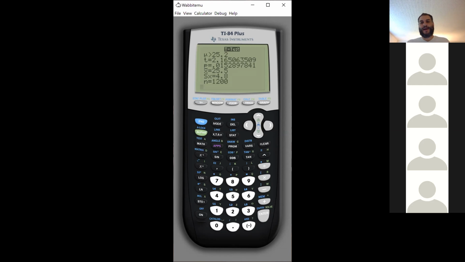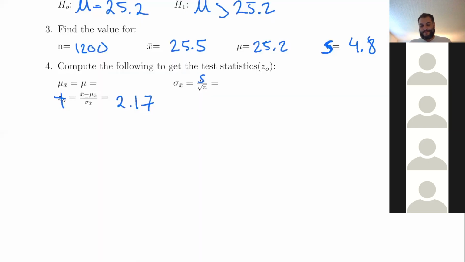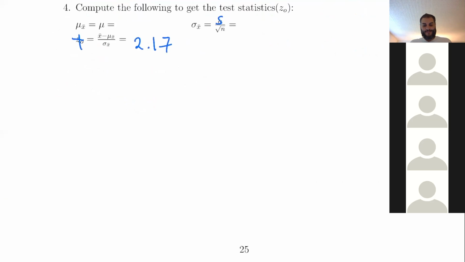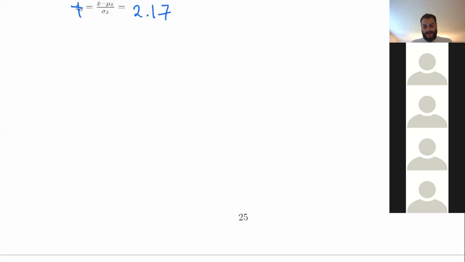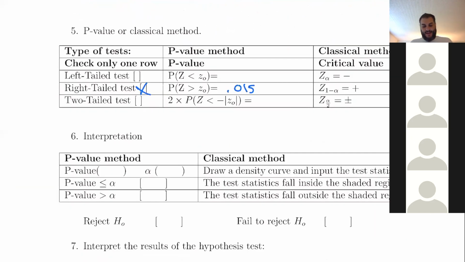All right, so that's what I put for t. I put t is equal to 2.17. I put the p-value is 0.015.